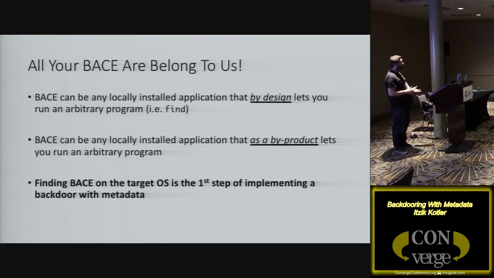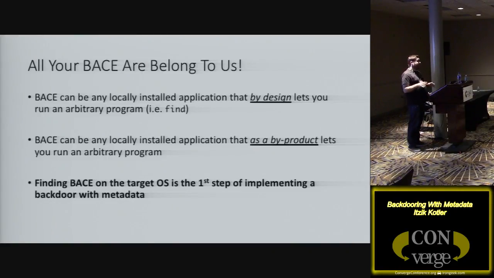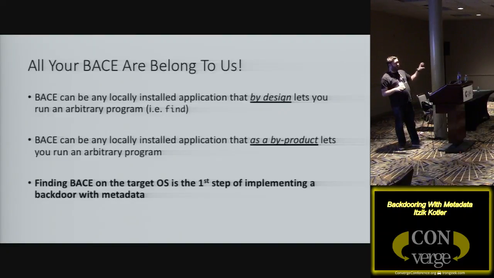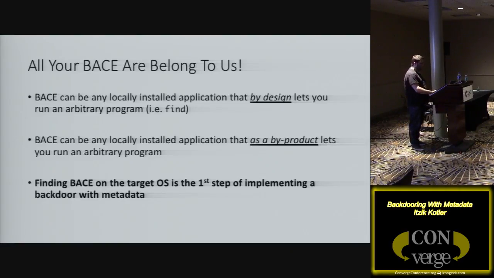And there are others, which are a byproduct of how they've been developed, or features that the original developer put in the code, but you can then abuse. One way or the other, the first step in backdooring with metadata is finding a base binary, one or more, on the target OS that you would then like to go ahead and backdoor.